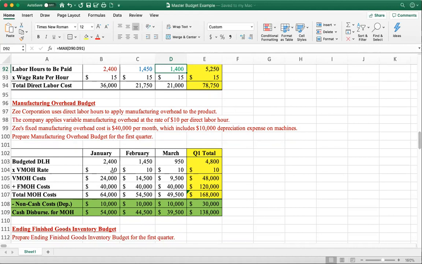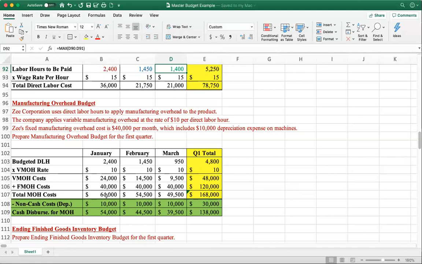So that is multiplied by the variable manufacturing overhead rate, $10. This will give you the variable manufacturing overhead cost for January, 24,000, 14,500 for February, 9,500 for March, and the total 48,000. Now we also have the fixed factory overhead, which is 40,000, given. So we add 40,000 fixed factory overhead.